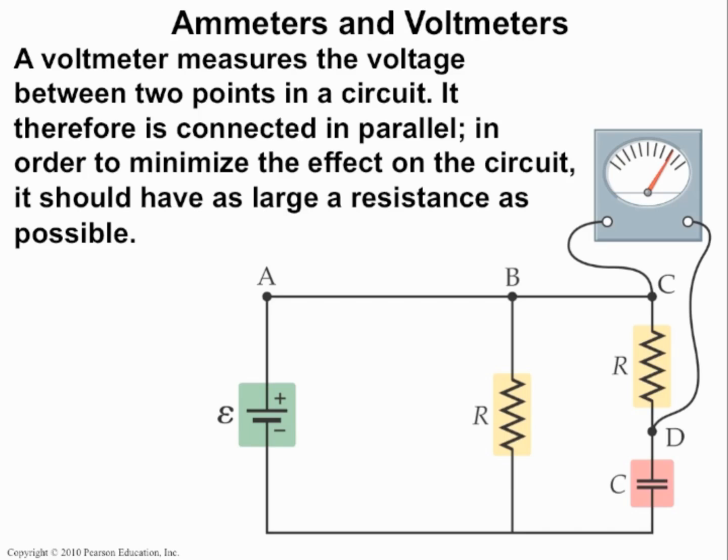Now, you want very little of the current to go into the voltmeter, just a tiny bit, not enough to really throw off your result. And that's why the voltmeter should have a high resistance, because if it has a high resistance, the current's going to resist flowing through it. And so it's not going to throw off your result.